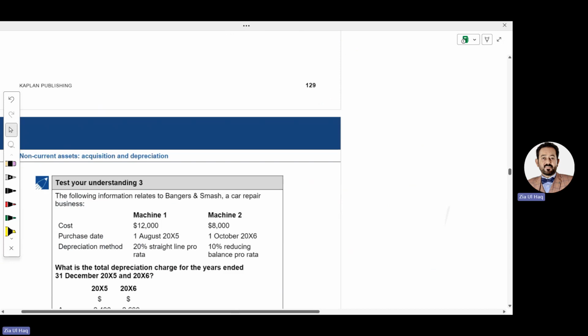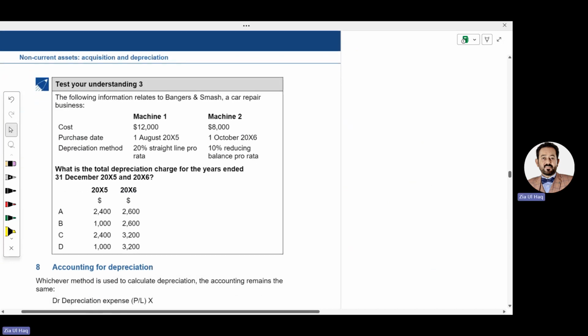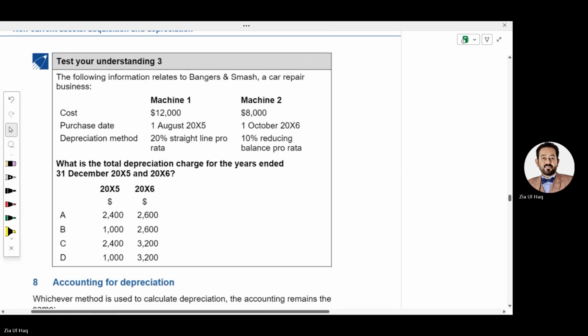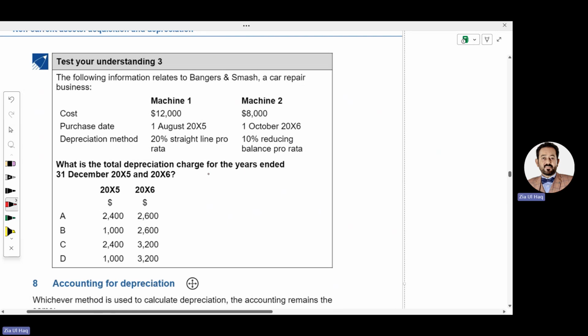Now moving towards test your understanding 3. What is the total depreciation charge for the year ended 31st December 20x5 and 20x6? Can you calculate depreciation for 20x5 and 20x6 for both machines?